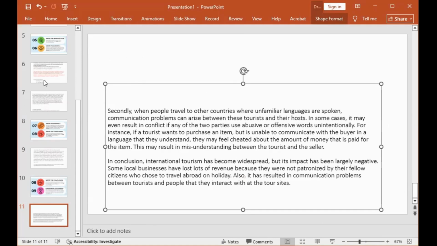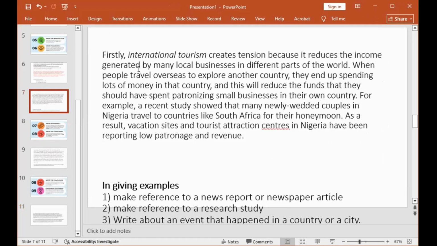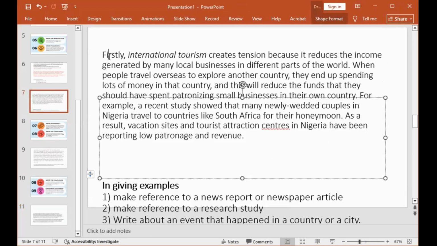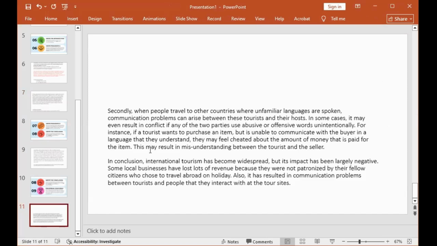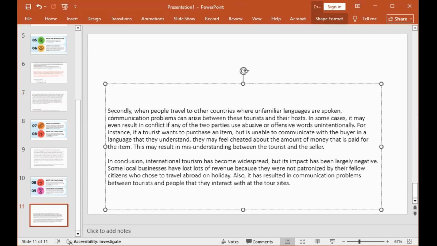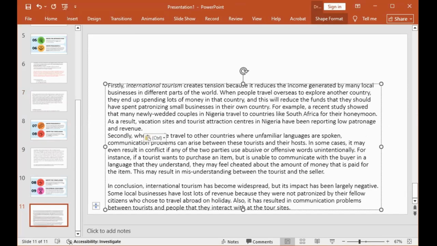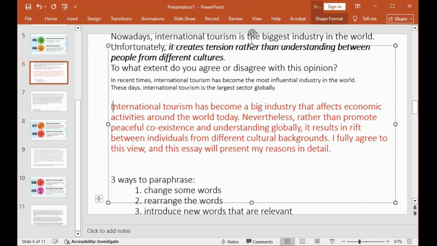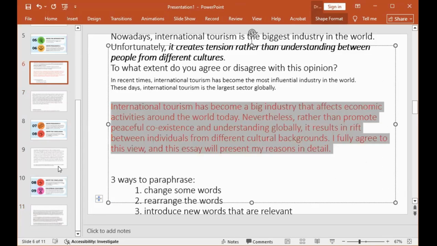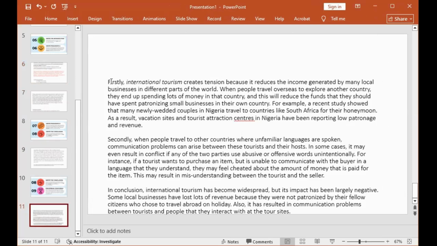Then paragraph 2. This is our paragraph 2 here. Add it to the paragraph 2, paragraph 3, and paragraph 4. Then our introduction. Add it to the whole thing.